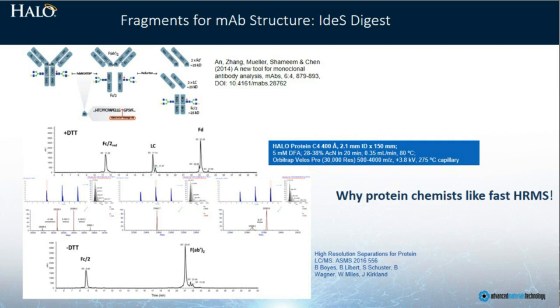Doing such an experiment with and without the reducing agent dithiothreitol present allows us to gain particularly useful information on the variance of heavy chain and light chain fragments and to map the regions of these interactions.